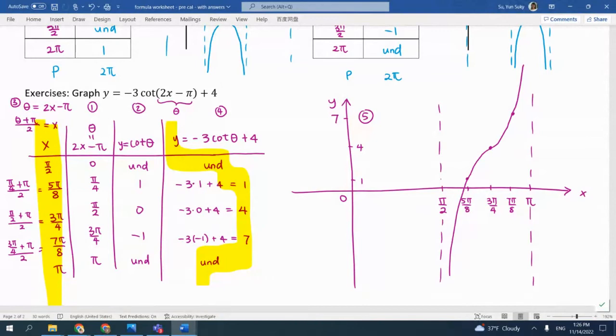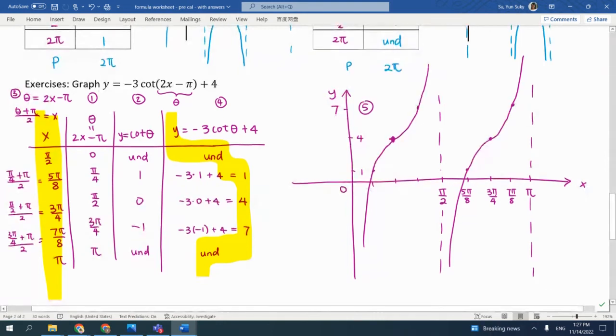And usually the problem in the exam will ask you to draw 2 periods. You plot it again, one more copy, and then you draw. This is the 2 periods of it. Is that okay, everybody?